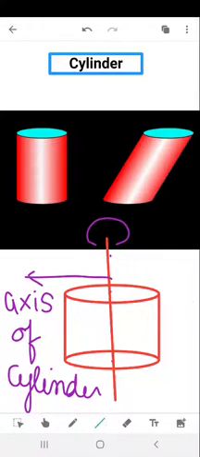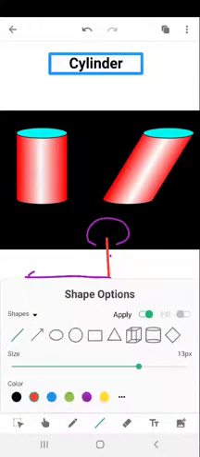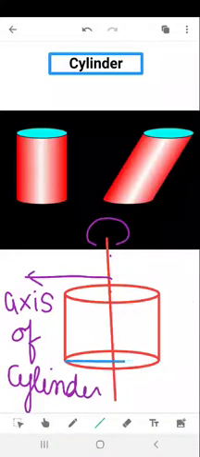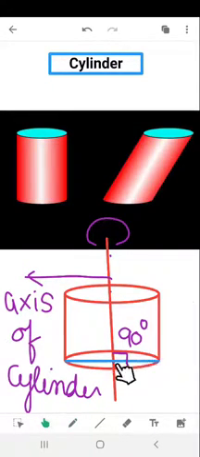Now, if this axis is perpendicular to the diameter of the base, then this cylinder is called a right circular cylinder. When the axis of the cylinder is perpendicular to the diameter of the base, the cylinder is called a right circular cylinder. And what happens in the case of an oblique cylinder?